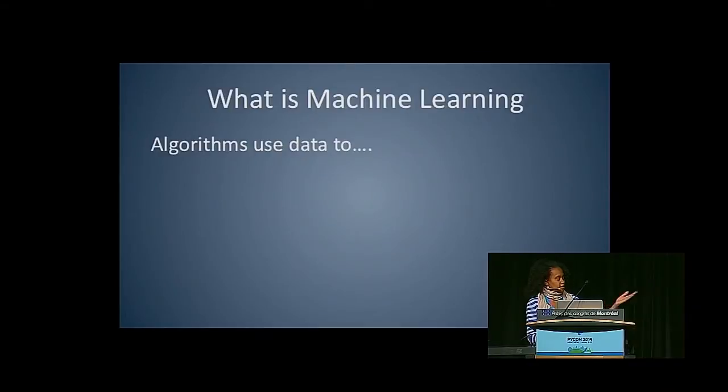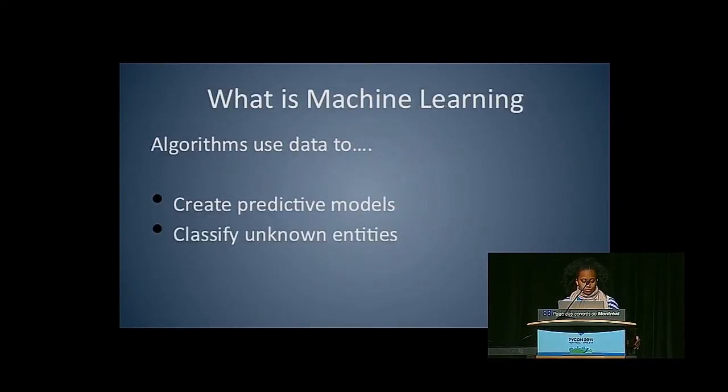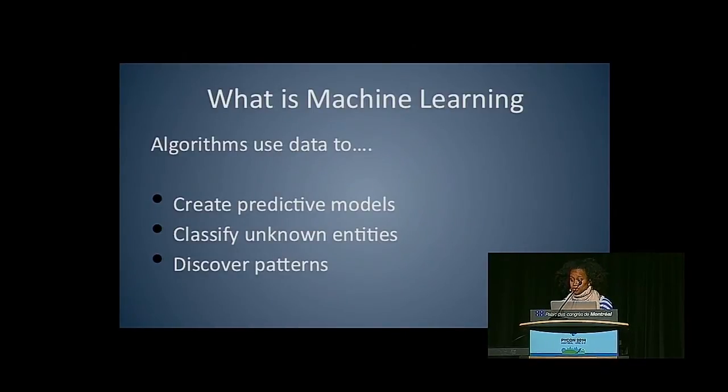Well, to give you a sampling, it creates predictive models, classifies unknown entities, and discovers patterns. Once again, this is a sampling of what machine learning algorithms can do. Today, we are mostly going to concentrate on creating predictive models and classifying unknown entities.